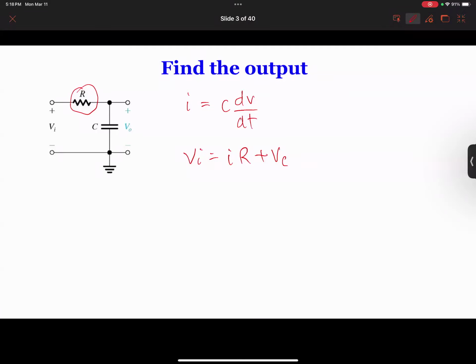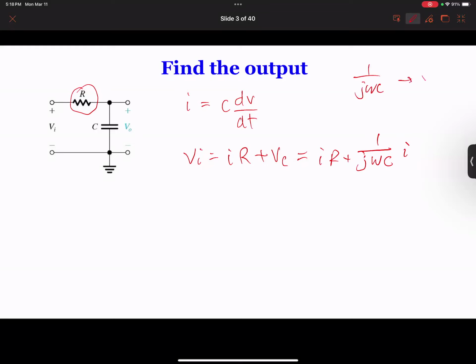But if the input voltage source is not DC but a sinusoidal waveform, that's where the complex number comes in. Remember, we can write this to be I times R plus 1 over J omega C times I. So this 1 over J omega C is called impedance.